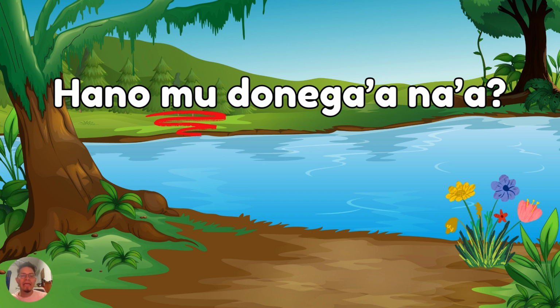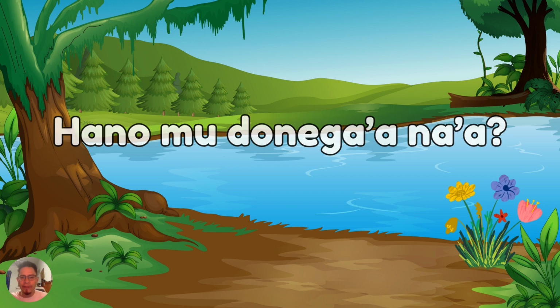Hano mudonigya, where are the flowers? And notice the T kind of turns more into that D sound. Hano mudonigya na'a. And that final word na'a means to grow. Where do the flowers grow, or where are the flowers growing? Okay.